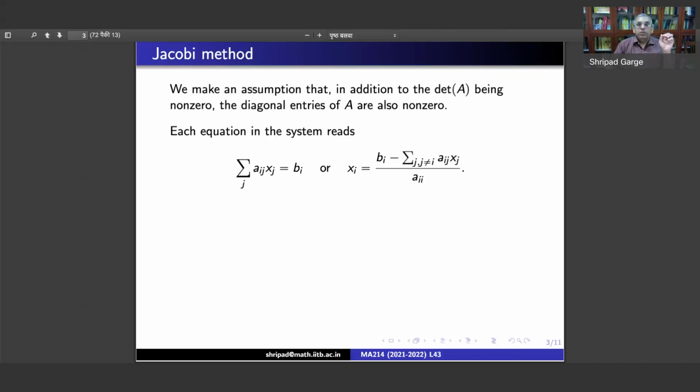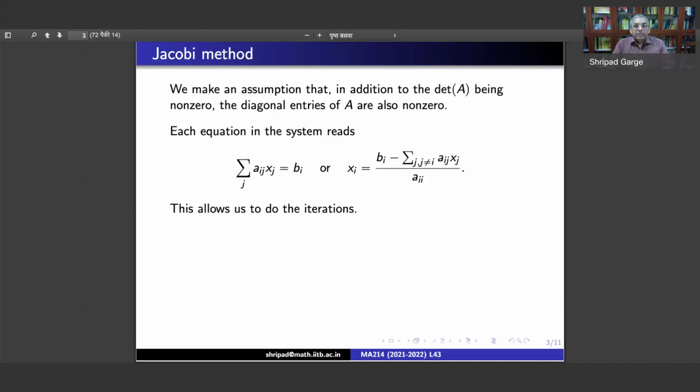We have assumed above that the diagonal entries are non-zero, so you can divide by aii. So xi can be written as bi minus the summation of aij xj, where j is different from i, the whole thing divided by aii. So you can write xi in terms of the other xj, the constant bi, and the coefficient aii. This will allow us to do the iterations.